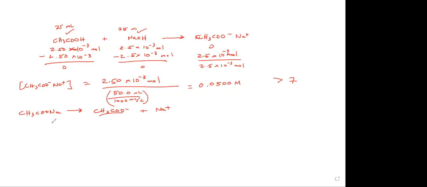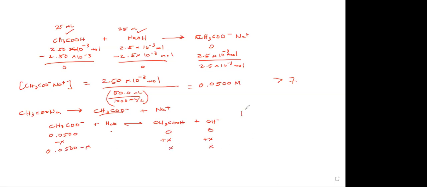So you're going to have a reaction wherein you have this hydrolyzing with water to give you CH3COOH plus OH minus. And then you do the same thing. So this is 0.05, you don't have anything at the beginning, then this is minus X, this is plus X and this is plus X. So at the end, this is 0.05 minus X, and this is X and X.